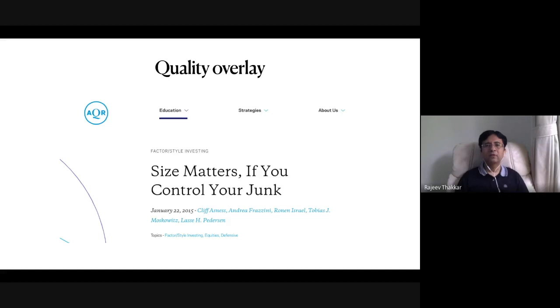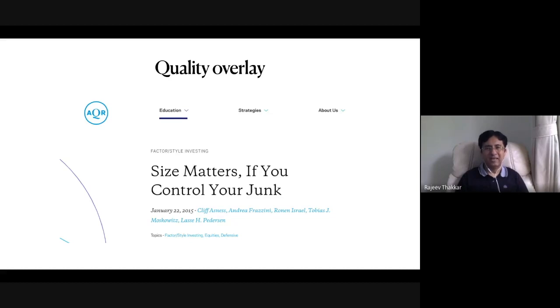One of the first factors is quality. There is this interesting paper on the AQR website where it says that if you remove the junky small caps, then the size factor works beautifully. And without controlling the junk stocks, the size factor does not have that big of a premium.